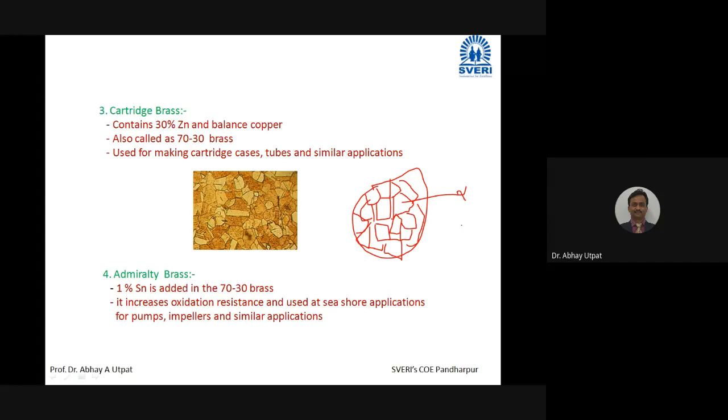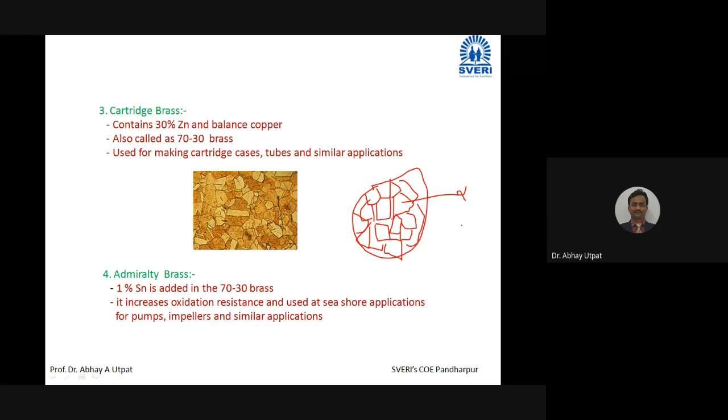That's why this alloy is called Admiralty brass. The word Admiral is related to the Navy. The brass which is used at seashores for making these components is called Admiralty brass. It is 70-30 brass only, with only 1% of tin added into it.